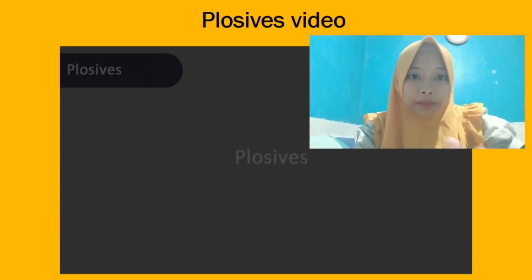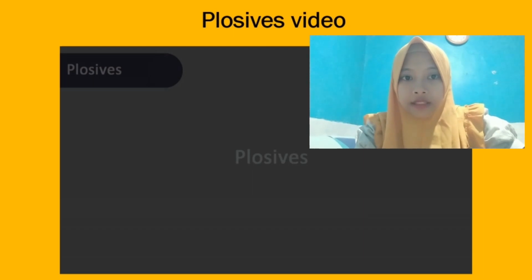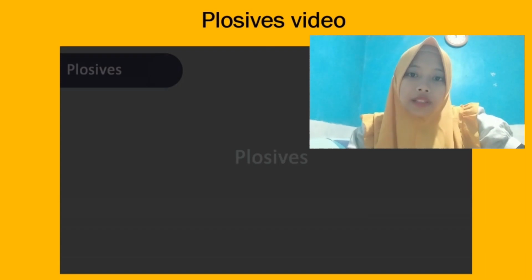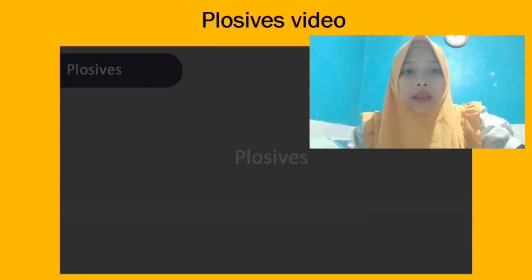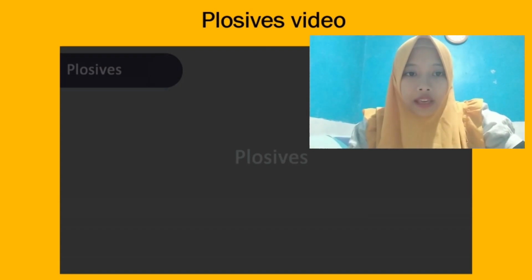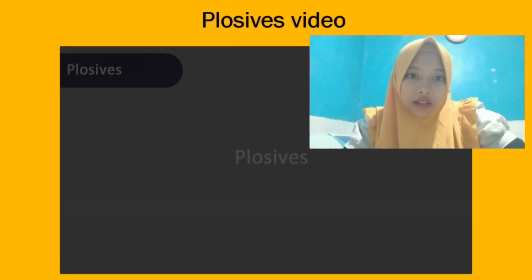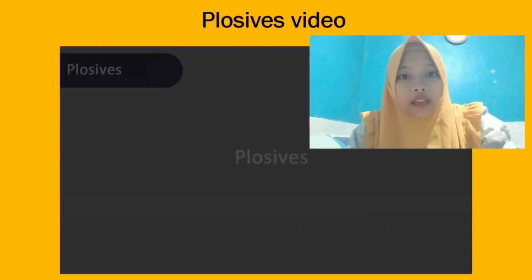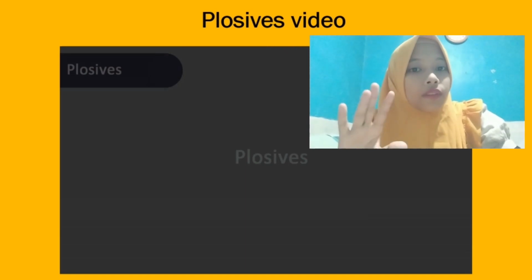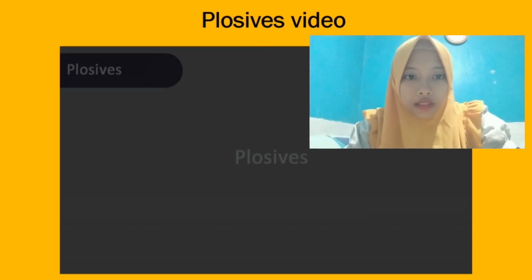The sounds B and G are voiced. They are pronounced with vibration in the vocal cords. And P, T, K are voiceless. They are produced with air only. The voiceless plosives are often aspirated, produced with a puff of air in English pronunciation.